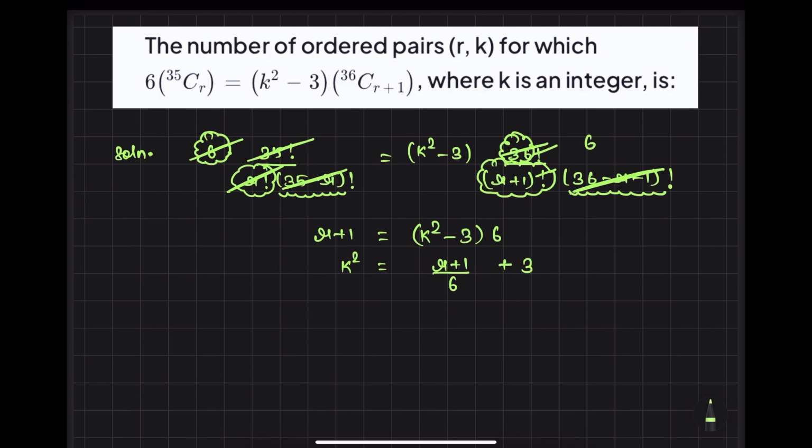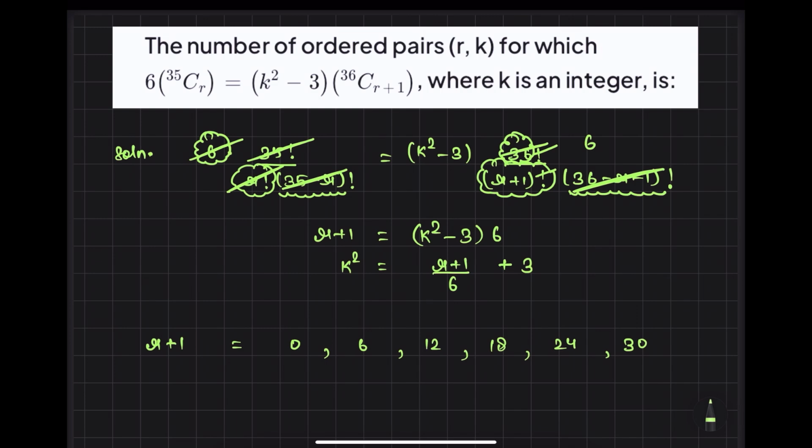So k square is an integer when r plus 1 is divisible by 6, that is, when it is 0, 6, 12, 18, 24, 30; 36 we cannot go beyond.